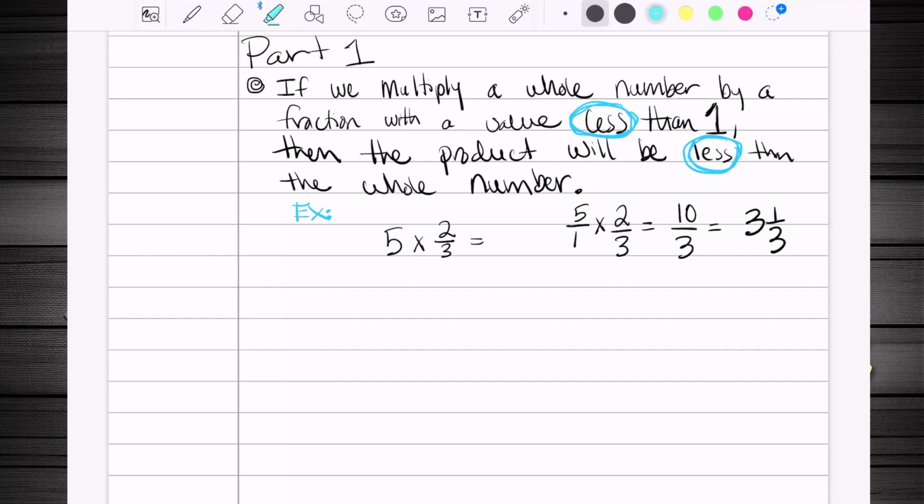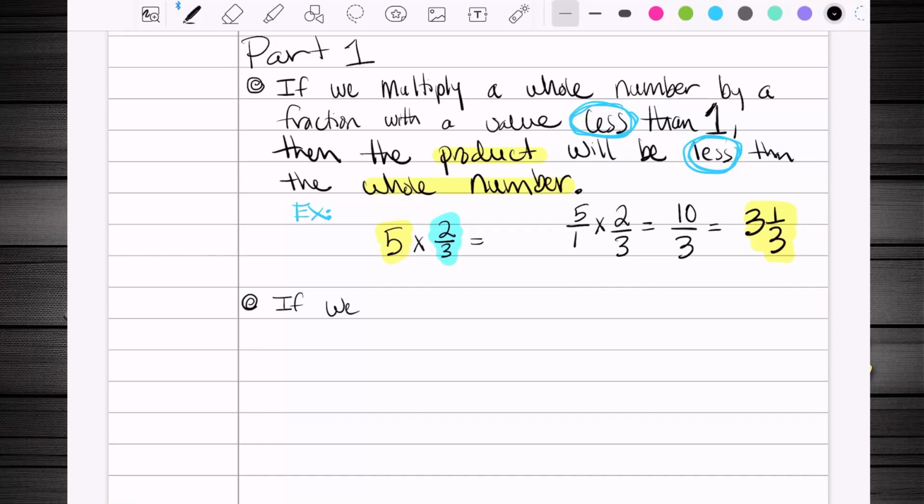So 5 times 2/3 equals 3 1/3. 2/3 is less than 1, so 3 1/3 is less than the whole number we started with. It's less than 5. The number shrank.